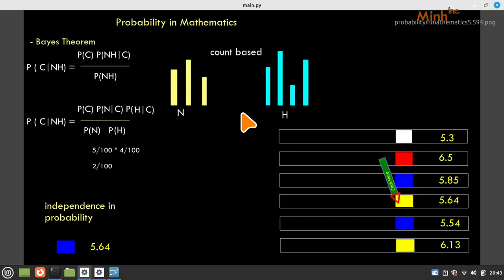Then there is no person with name blue and 5.6, but still we are getting a kind of error if we go with independence. So we lose the information. The idea is, whether we get more probability or less probability, in whatever sense, we lose the actual character.